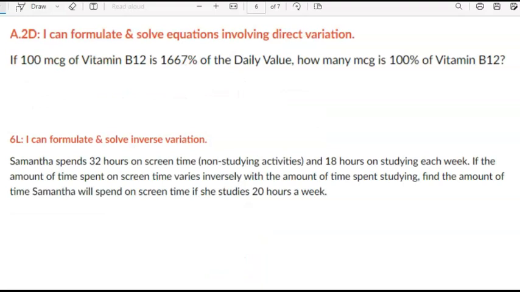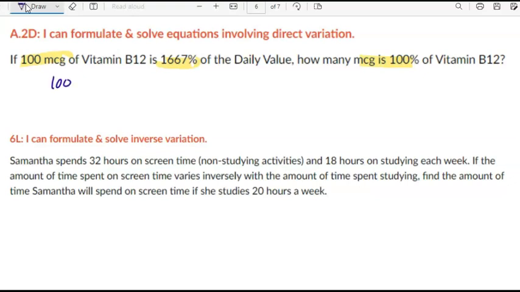A.2d. I can formulate and solve equations involving direct variation. If 100 micrograms of vitamin B12 is 1,667% of the daily value, how many micrograms is 100% of vitamin B12? So this would just be a direct comparison here.